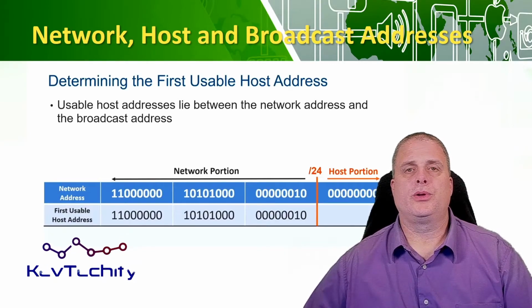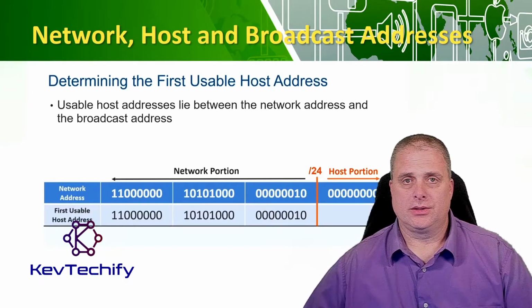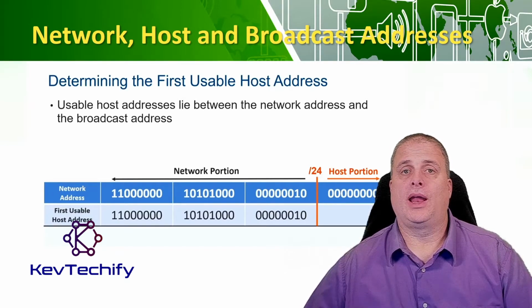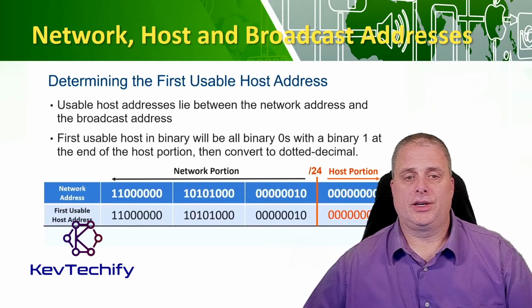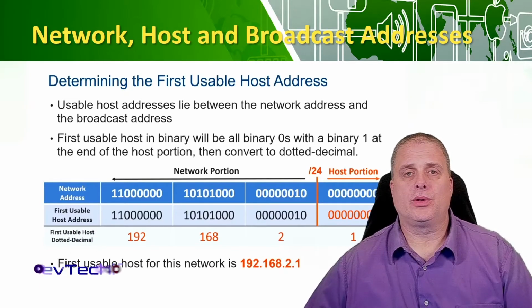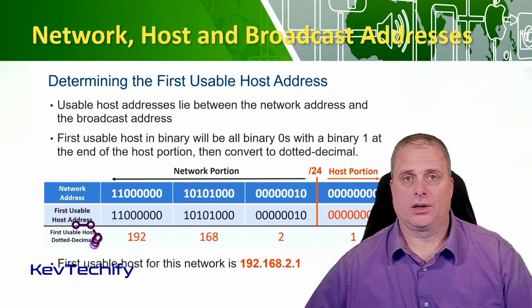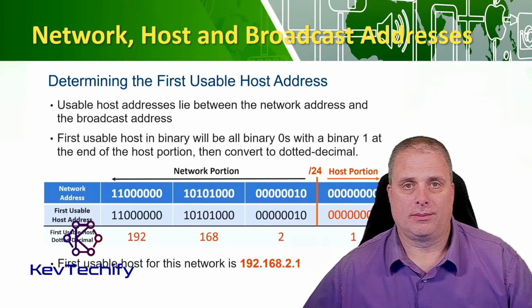Next, we'll determine the usable host addresses, which lie between the network address and the broadcast address. The first usable host will be all binary zeros with a binary 1 at the end of the host portion. Converting to dotted decimal, this tells us that the first usable host address on this network is 192.168.2.1.